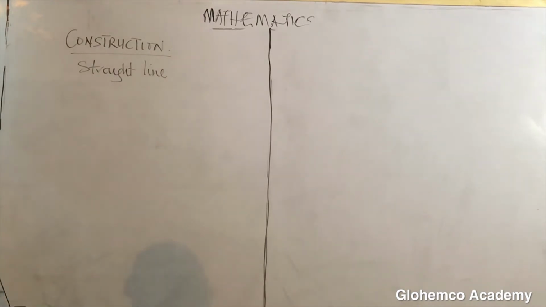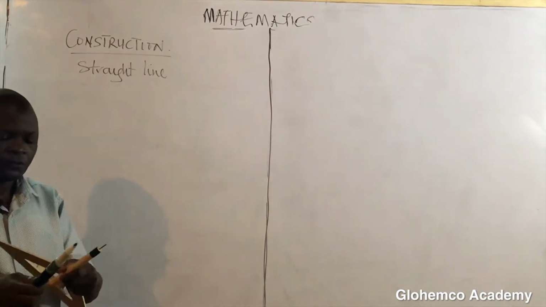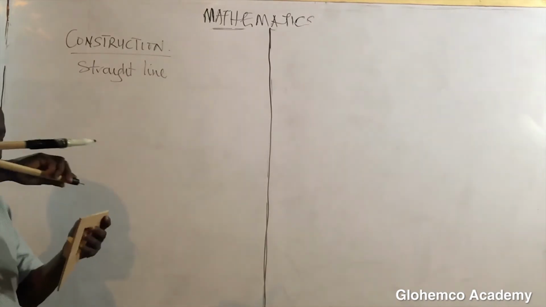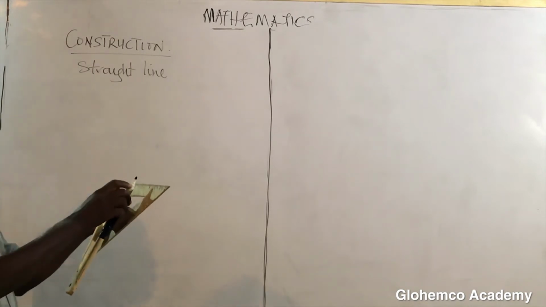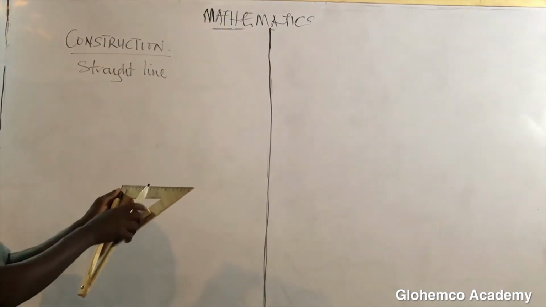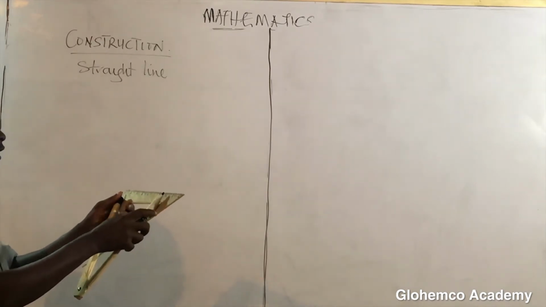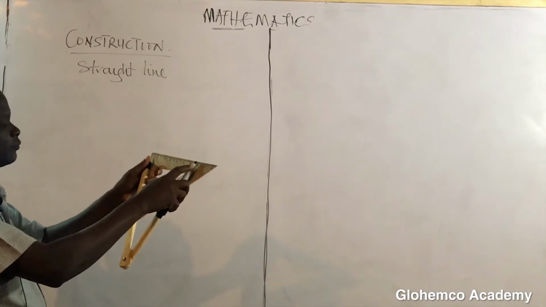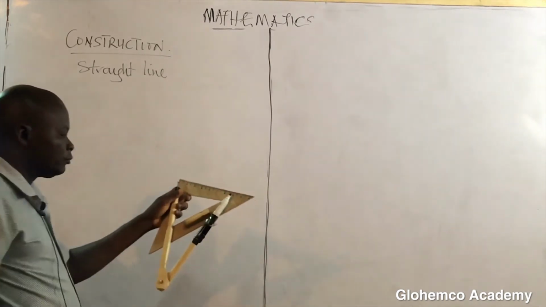Say you are to draw a straight line of 7 centimeters. Take your compass with the nail end, place it on the 0 on your ruler and open the compass to 7. Make sure the tip end rests on 7, while the nail end is on 0.